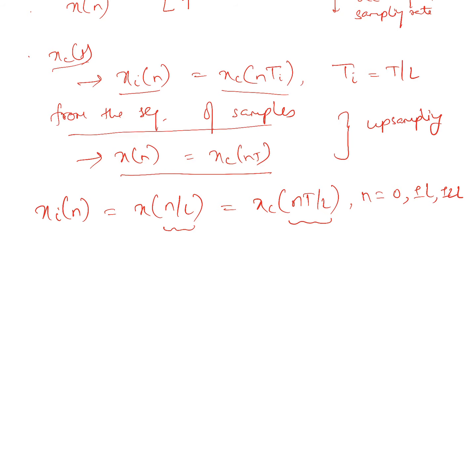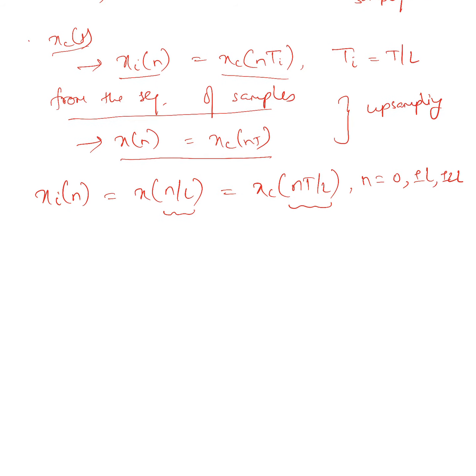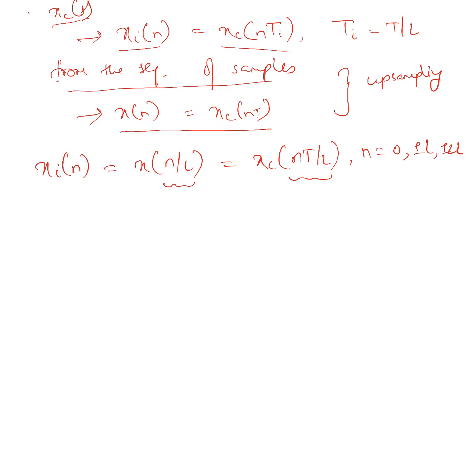So let's first see the block diagram of how we are carrying out this upsampling procedure. Given this x of n, we want to upsample by an integer factor of L, and this gives us the signal xe of n.